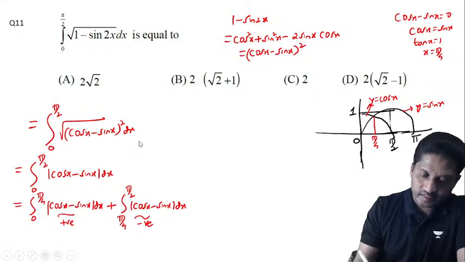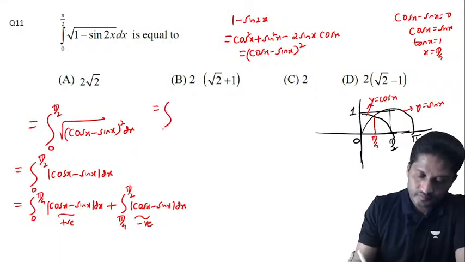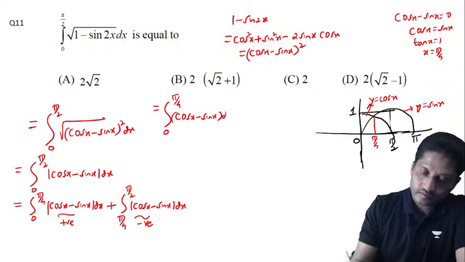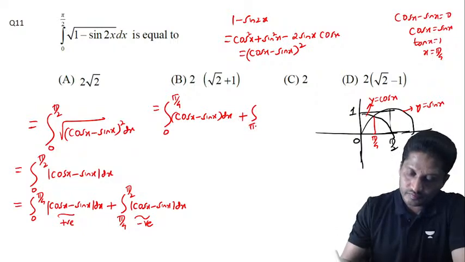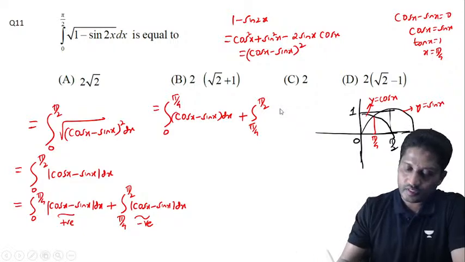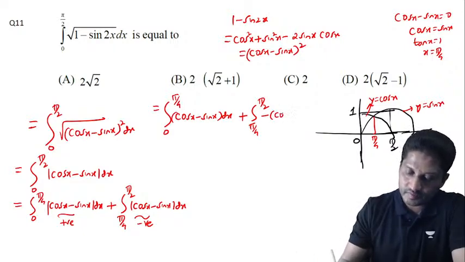I can write this as the integration from 0 to pi by 4, where cos is more than sine, so this becomes cos x minus sin x. And then from pi by 4 to pi by 2, sine is more than cos, so this will be minus of cos x minus sin x.